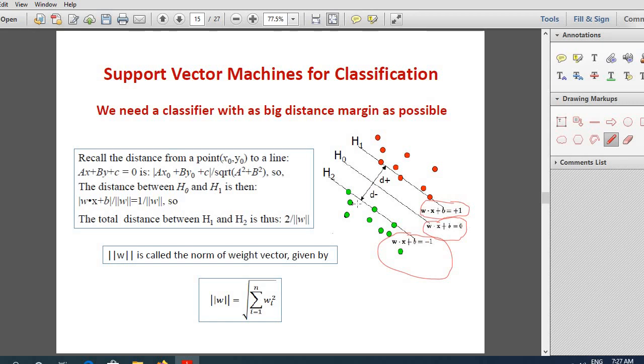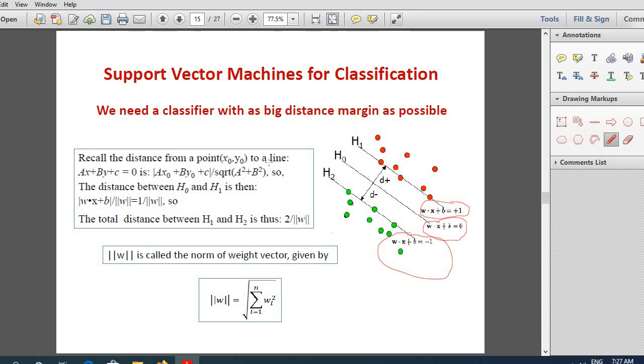So now, what is the distance? This is plus 1, this is minus 1. What is the distance between them? You know the distance of a point to a line; you can refer back to your basic school mathematics.